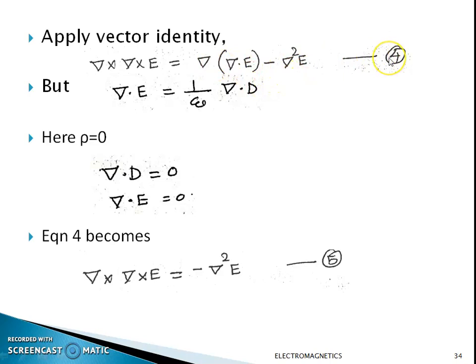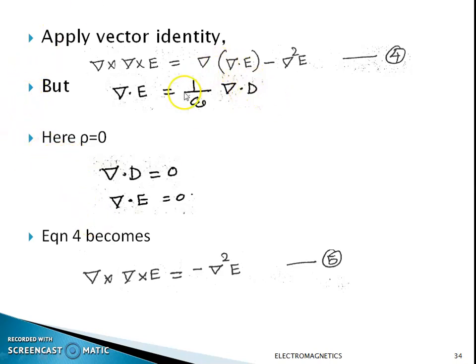Mark it as equation number 4. But we know the value of del dot E is equal to 1 by epsilon del dot D. And here, there is no net charge on the conductor, so the charge density rho will be equal to 0.